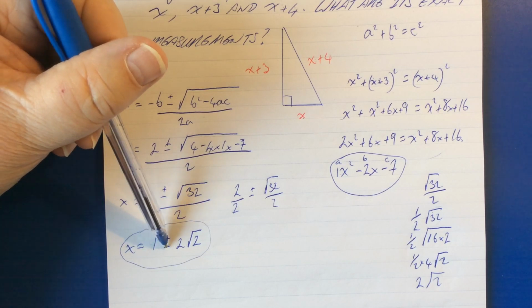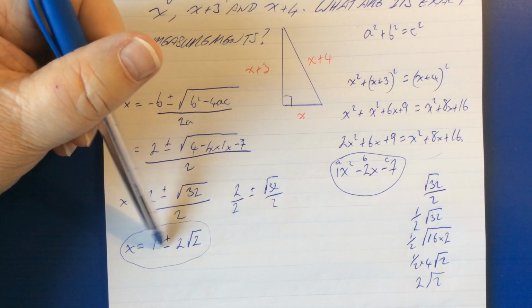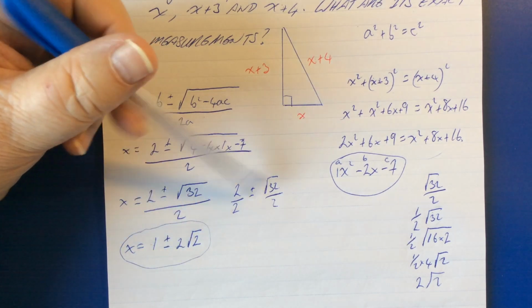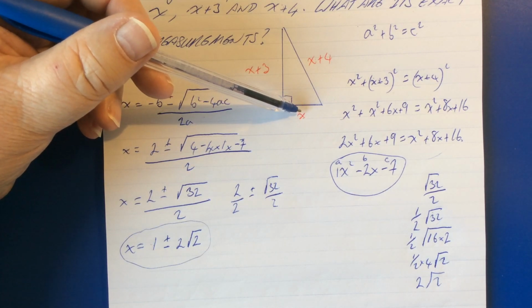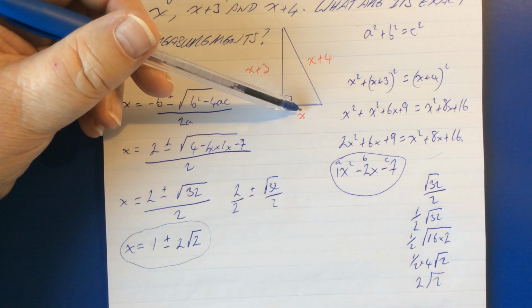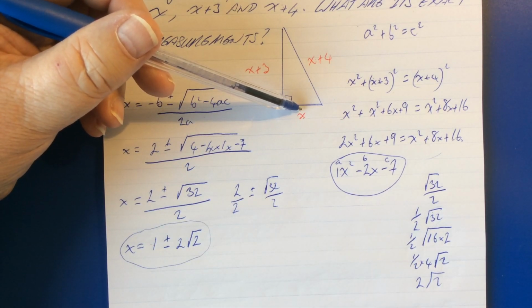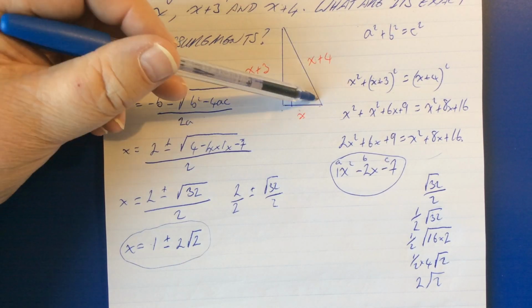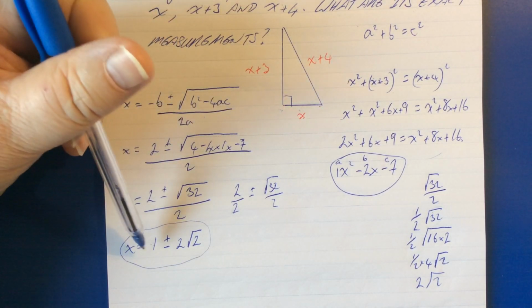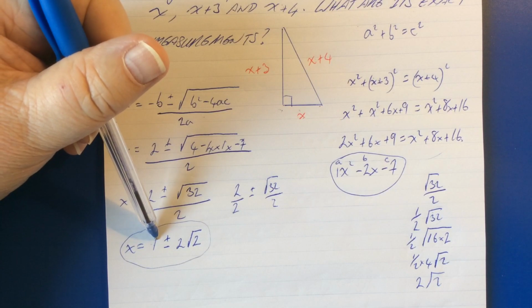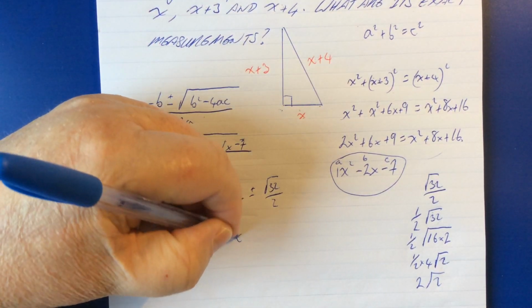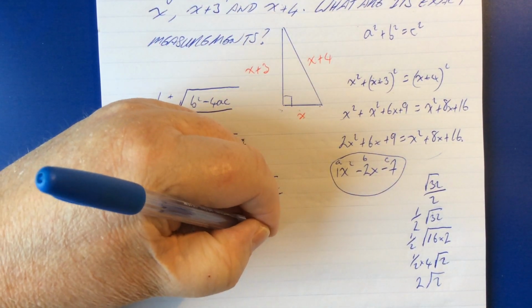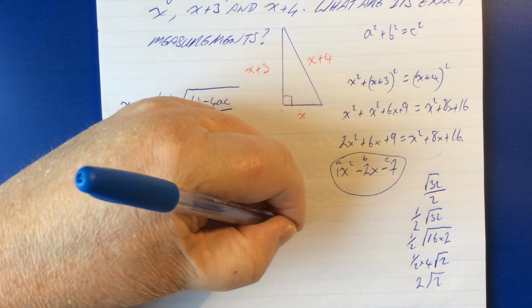So if we take the negative value of this, we're going to get a negative measurement for which there is really no such thing. We're talking about the size of something, we're talking about its magnitude, so it must be a positive value. So x is equal to 1 plus 2 root 2.